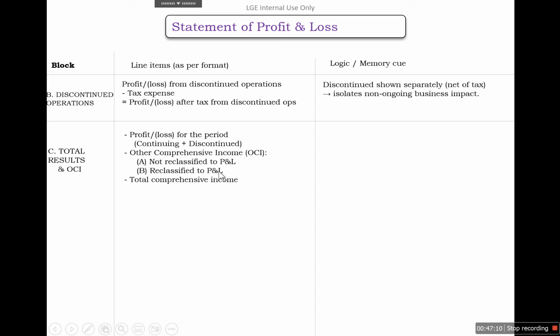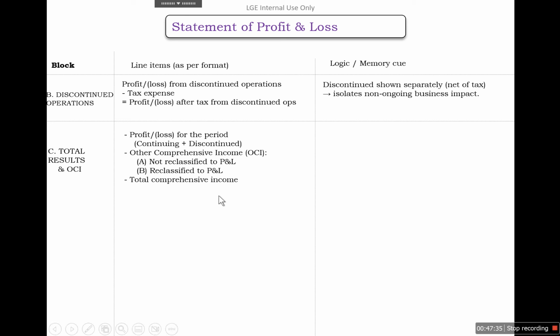The OCI portion we will see separately, because it is a little bit complex topic, and this is not the right time to explain it. When we discuss different accounting standards and the applications of OCI, I will explain what is not reclassified to P&L and what will be reclassified to P&L.